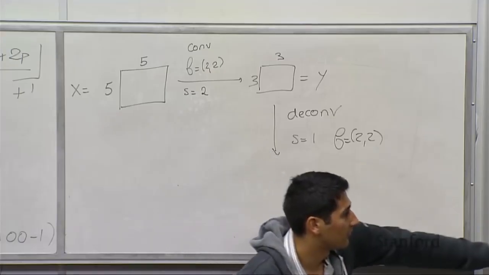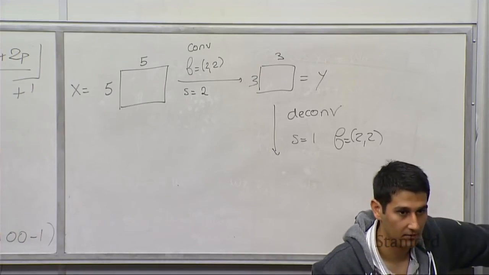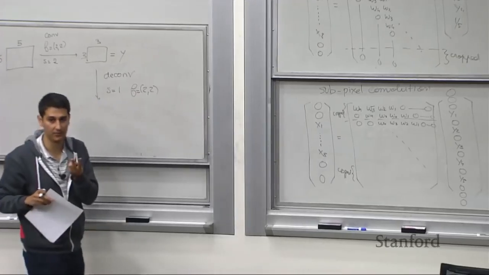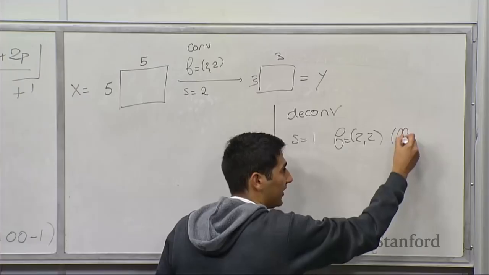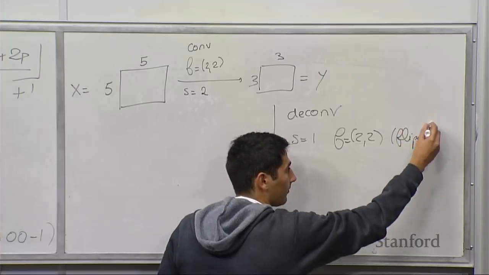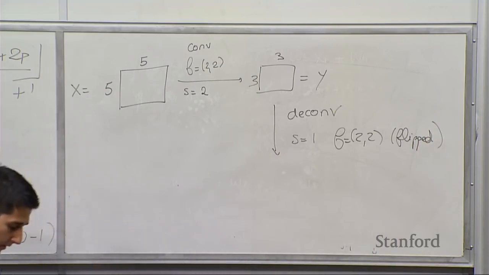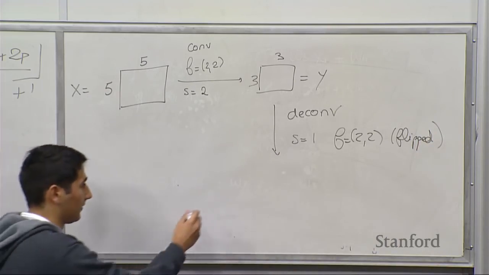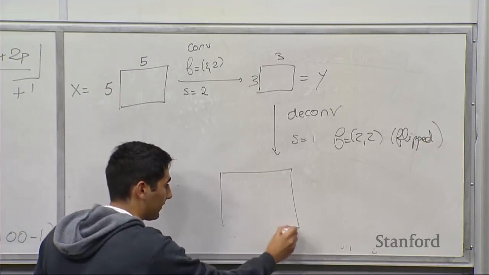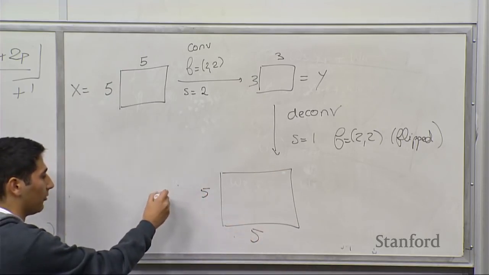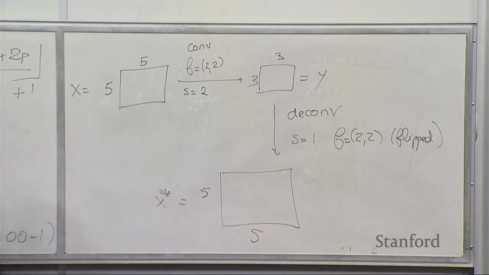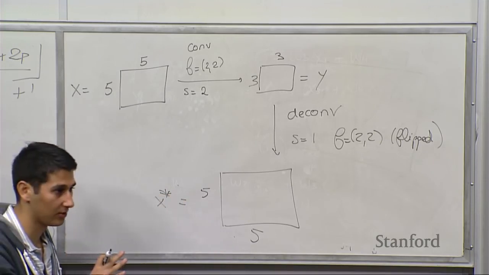What we've seen is that the filter is the same, it's just going to be flipped. So you will use a filter of 2 by 2, but flipped. Now, what do we get? We hope to get a 5 by 5 input, which is going to be our reconstructed x. The way we're going to do it is, this is the intuition behind it.